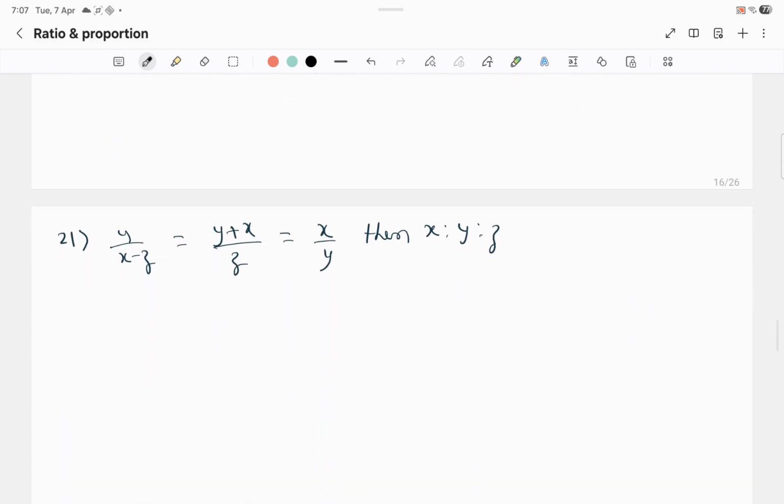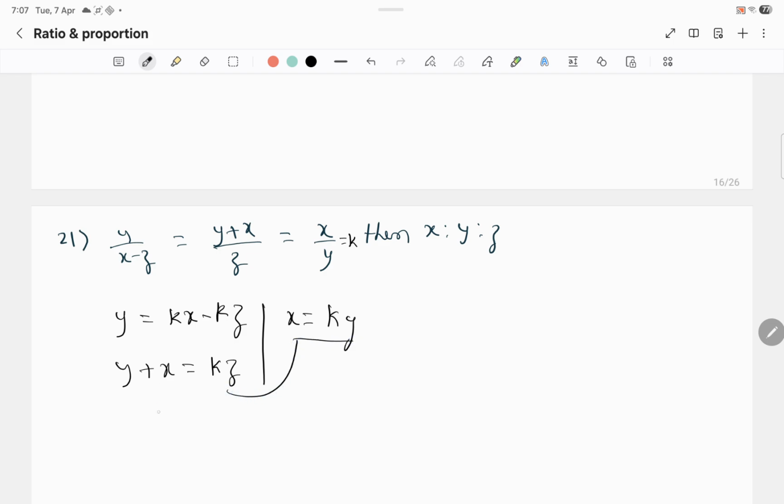And then y by x minus z is equal to y plus x by z is equal to x by y. So what is the y value? Let them equal k. So y is equal to kx minus kz. Y plus x is equal to kz. Then x is equal to ky.